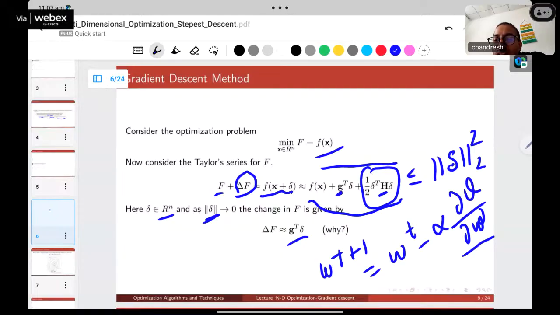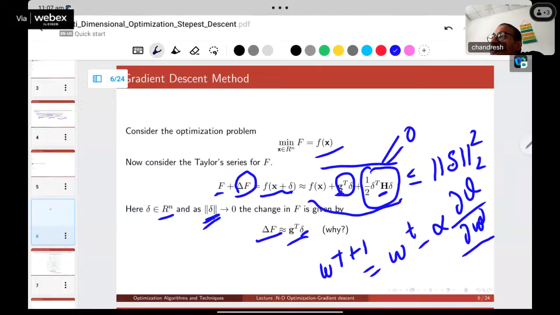And the norm of this vector is going towards 0, so this term will become 0. Since we are measuring the change delta f, delta f would be equal to this term only. Everybody agrees with me that delta f is almost G transpose delta, this small delta.